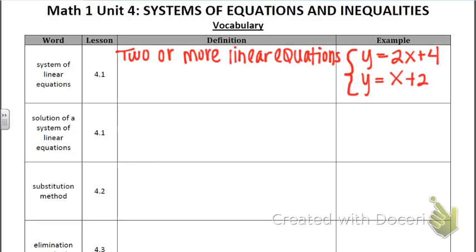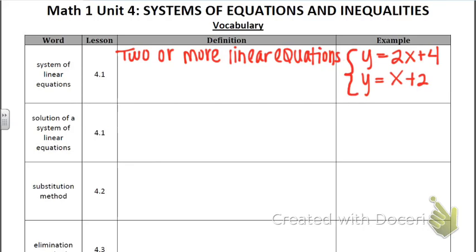So then what's a solution to the system? A solution to a linear equation is an ordered pair, right? We did that very first day of Unit 3. So a solution to an equation is an x comma y, or an ordered pair, that lies on the line, any point on the line, yes? And any point that makes the equation true.